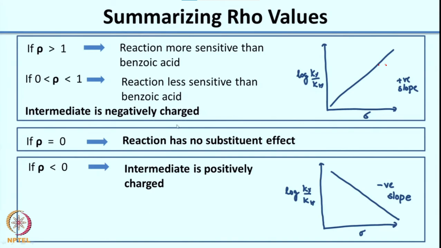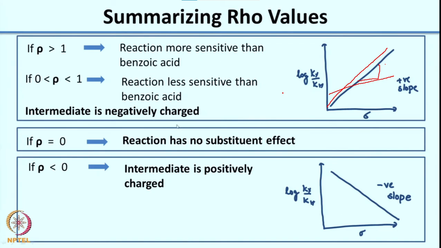If the slope is more than this one, that means it is more sensitive. If it is less than benzoic acid, that means it is less sensitive, correct? If it is more than 0 and less than 1, that means it is less sensitive than benzoic acid.